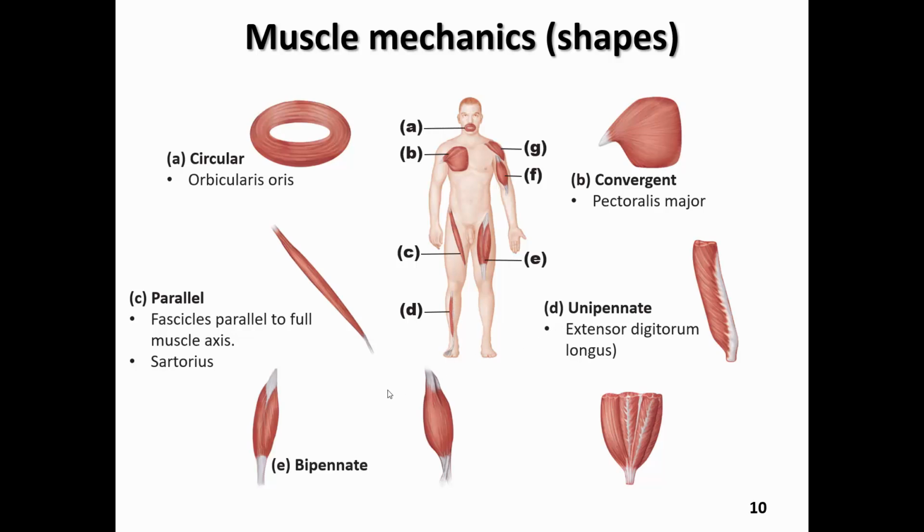A bipennate muscle, as you can see here in E, the rectus femoris, this is one of the thigh muscles, is bipennate, which means it has two of these portions of the muscle that have fibers at different angles to the long axis of the muscle.